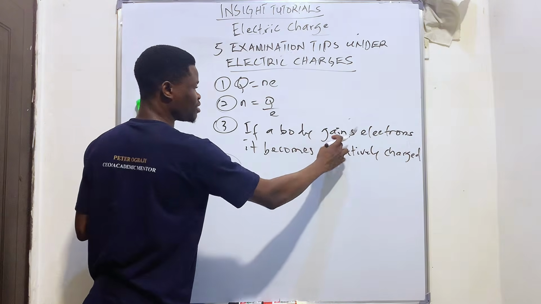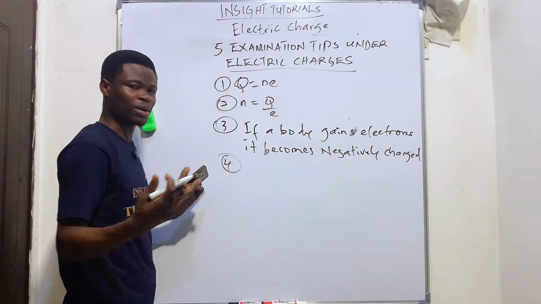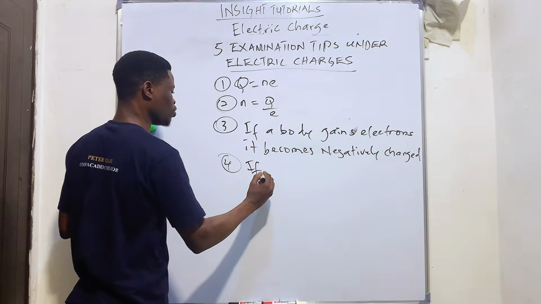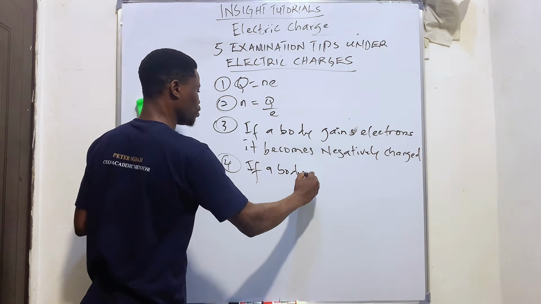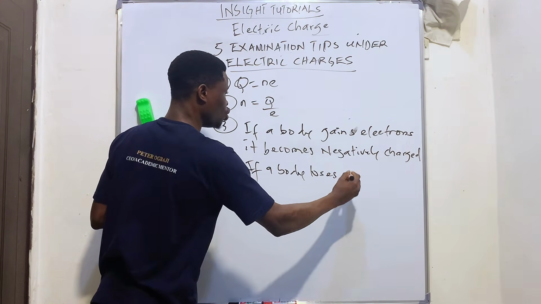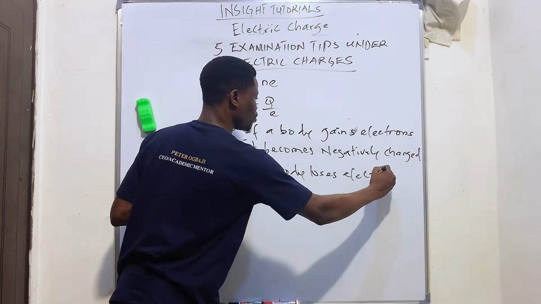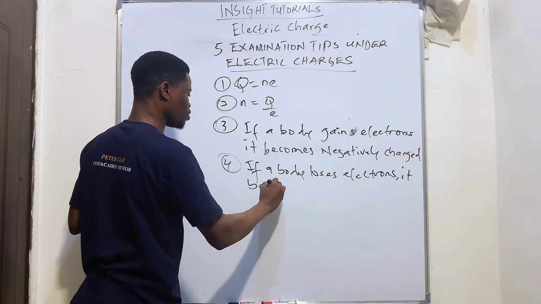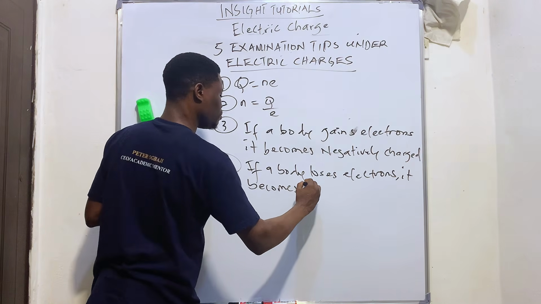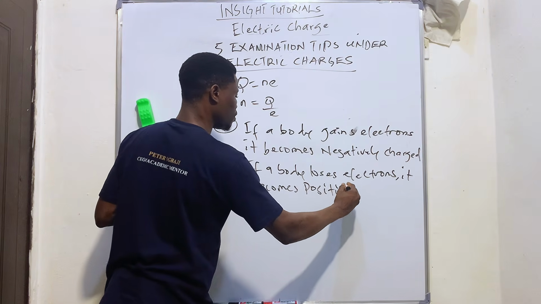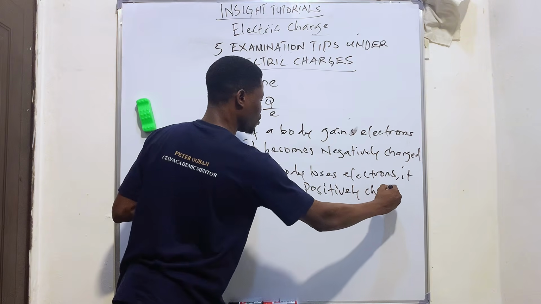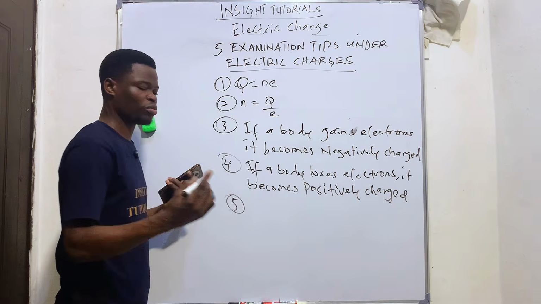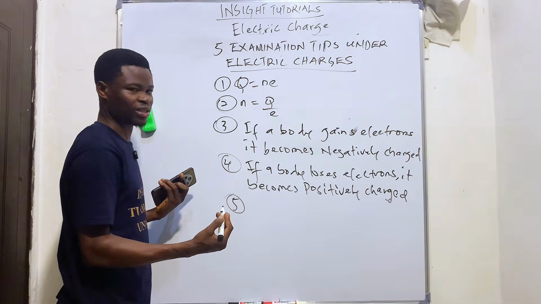If a body becomes negatively charged when it gains, what do you think will happen if a body loses? It becomes more positively charged. So the fourth idea you must know is that if a body loses electrons, it becomes positively charged. And number 5, a very important principle: always convert.